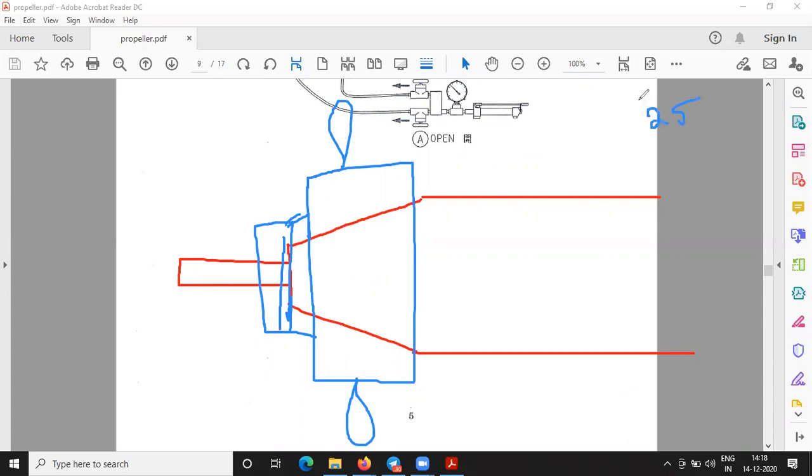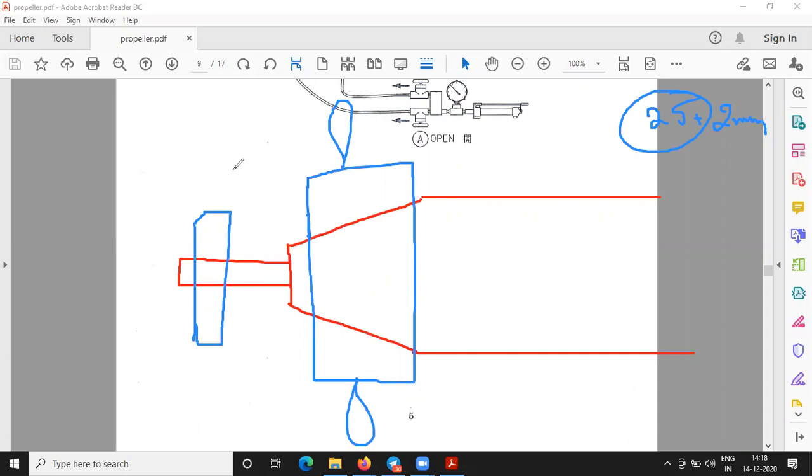Then this 25 plus 2 mm is the amount we have to loosen this nut while removing, so that the nut moves backward.